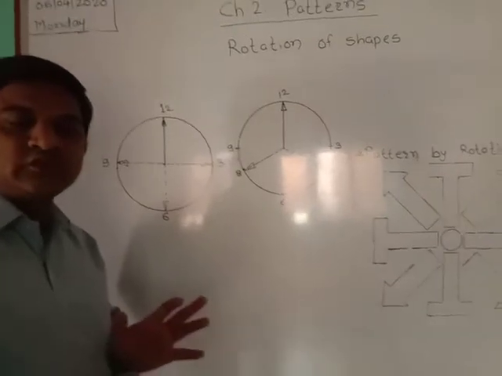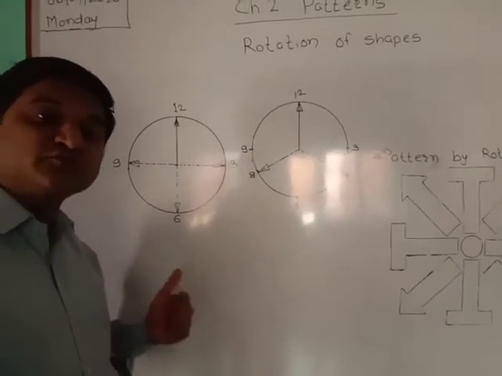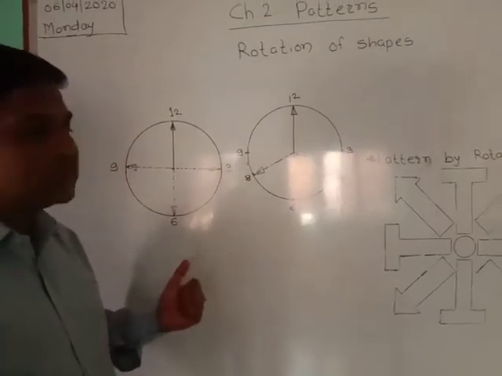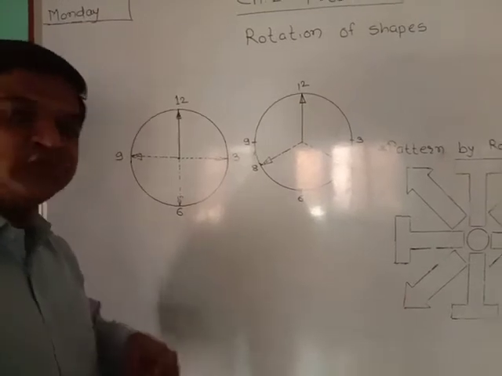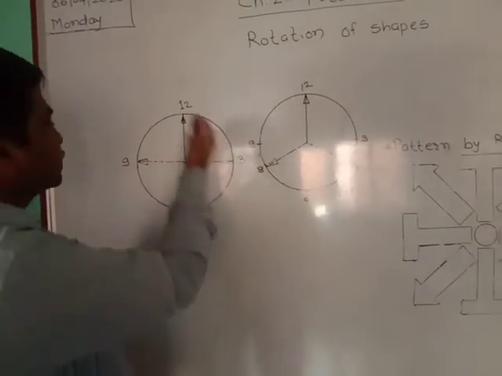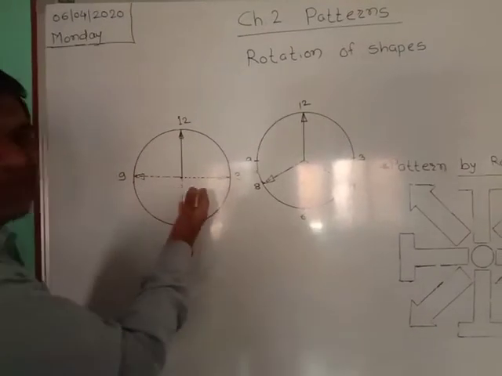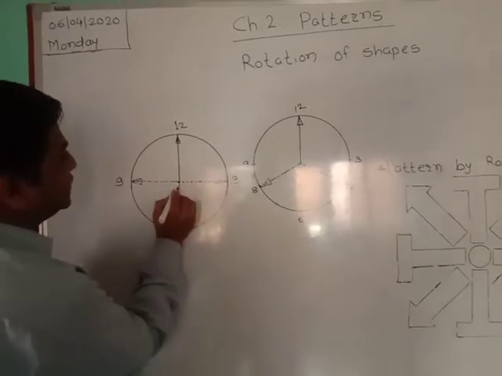Before going to the rotation of shapes, let us dig deep into what is meant by rotation. Rotation means turning an object about a certain point. For example, as shown in the figure, consider that there is a clock dial and there is a hand of a clock.